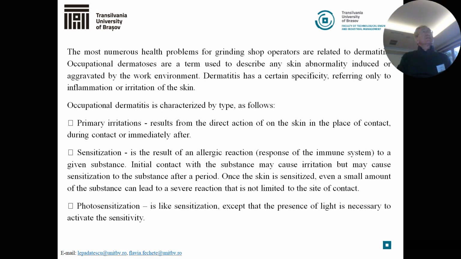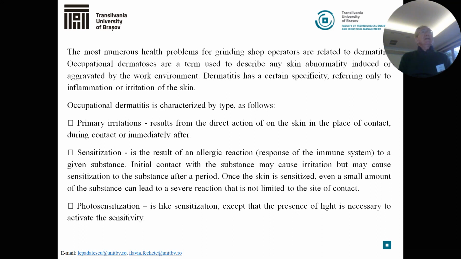Primary irritation results from the direct action on the skin in the place of contact, during contact or immediately after. Sensitization is the result of an allergic reaction, a response of the immune system to a given substance. Initial contact with the substance may cause irritation but may cause sensitization to the substance after a period.